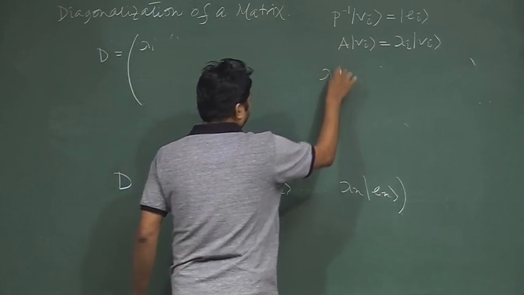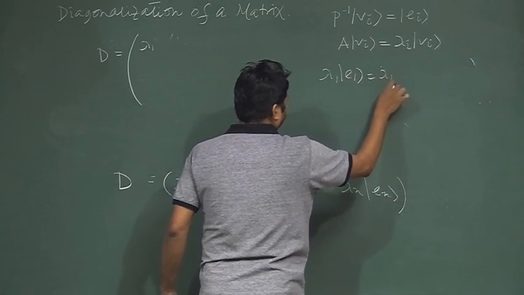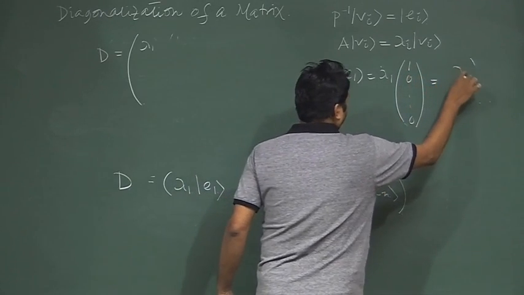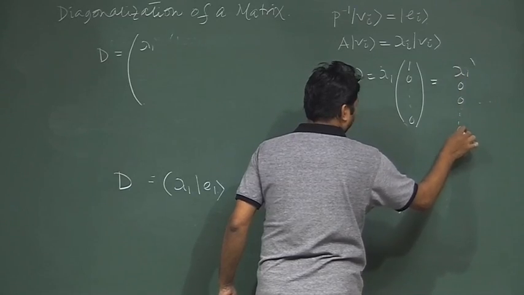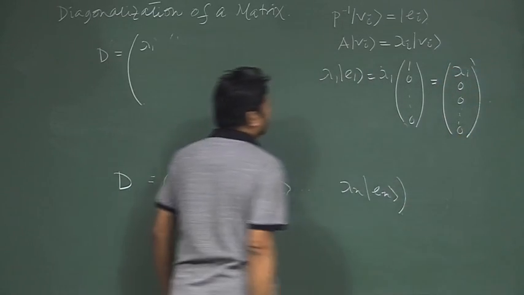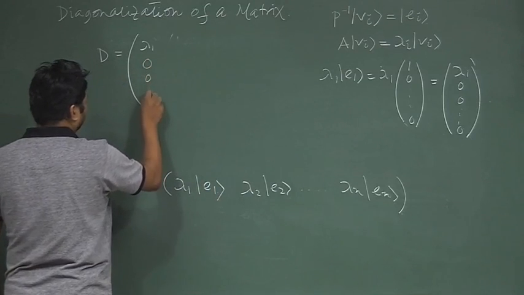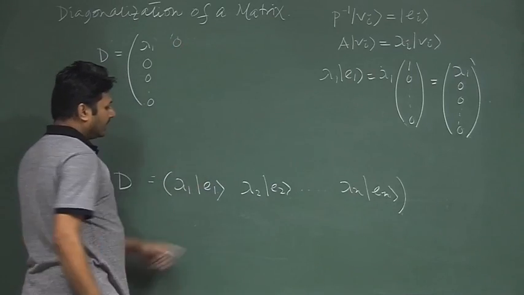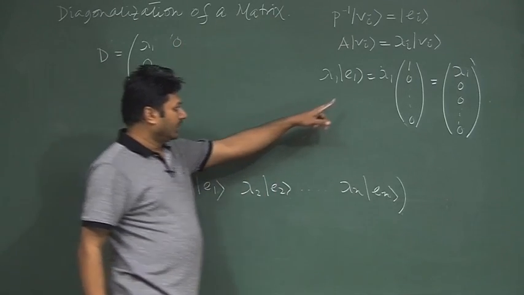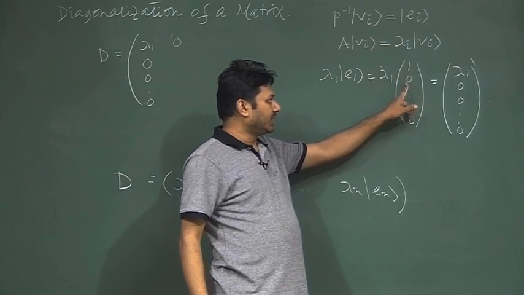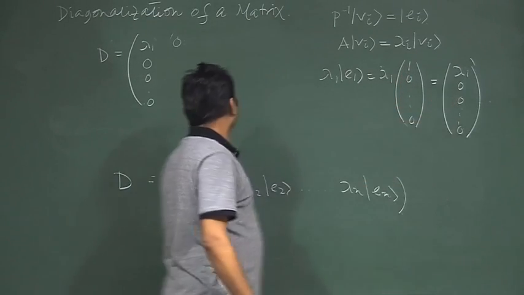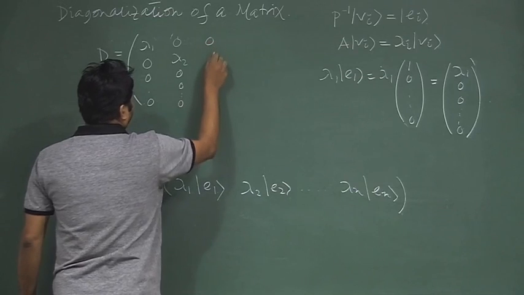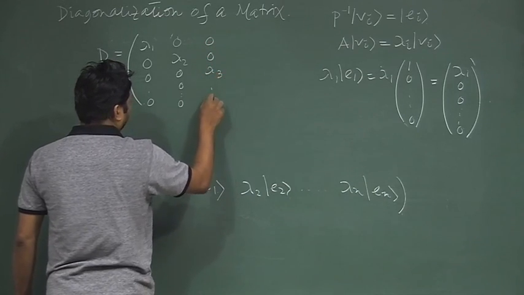Lambda is a constant multiplied by 1 0 0 0 0, so it will be simply lambda 1 0 0 0 0, and so on. What about the second? In the second case, the first term will be 0, since E2 is here, so instead of having 1 here, I have 1 here, and lambda 2 will be placed here. And so on.